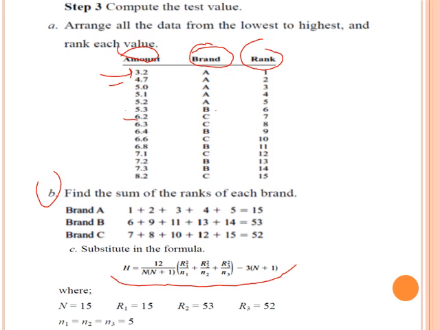And because no two amounts are equal, the ranks take the values 1, 2, 3, up to 15, and there are no ties to be averaged. The rank is direct.